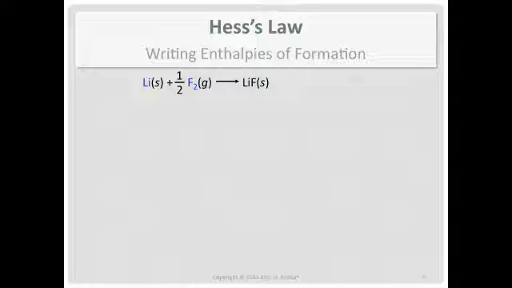What elements are in lithium fluoride? Lithium and fluorine. Now, fluorine is written as F2 because when you isolate the element fluorine, it exists as a diatomic. So you need to go back and review which elements are expected to be found as a diatomic. For the physical states, this is something else you need to go back and review.